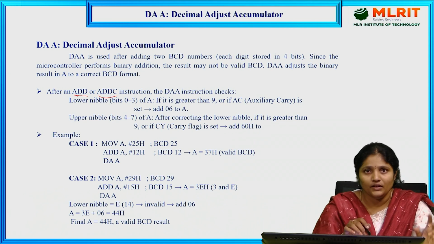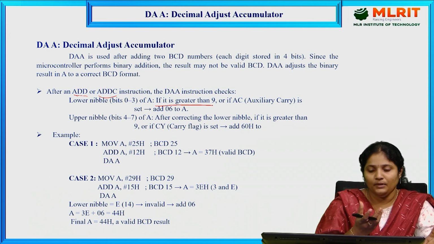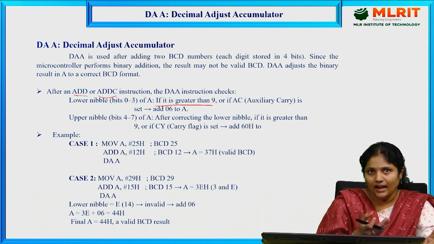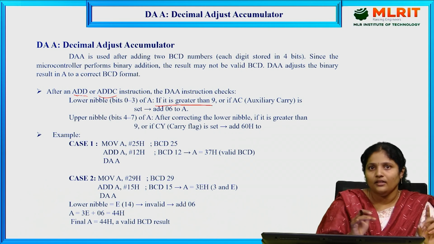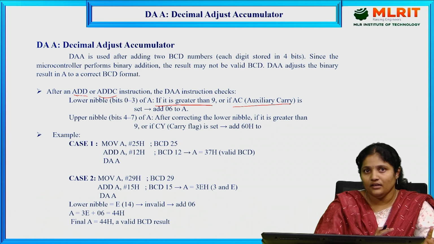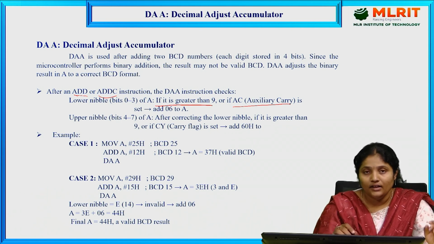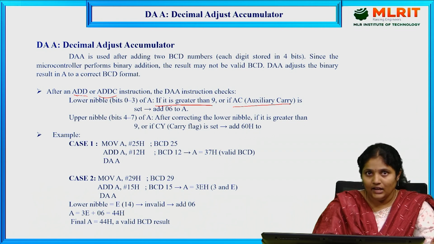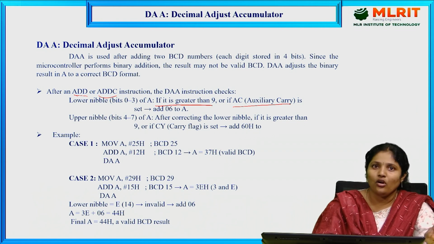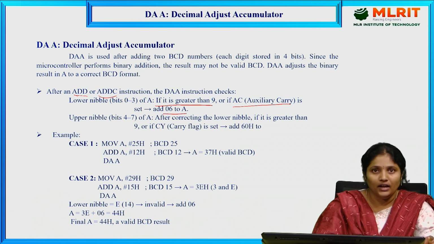The first rule: after performing the addition, if the lower nibble of the accumulator is greater than 9, or there is an auxiliary carry, meaning a carry is generated from the lower nibble, then we need to add 06 to the accumulator.